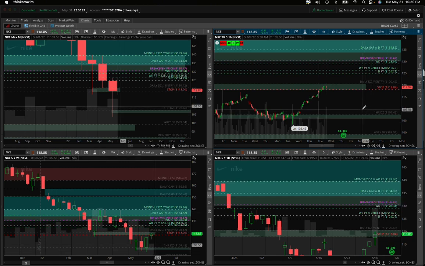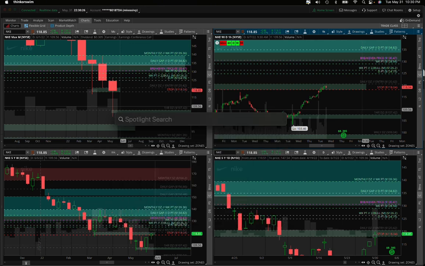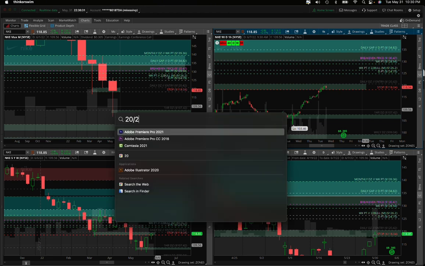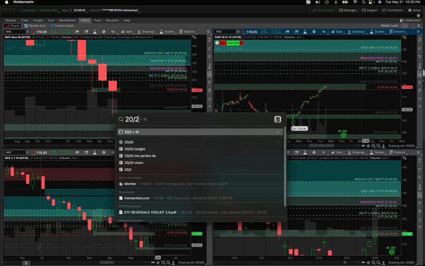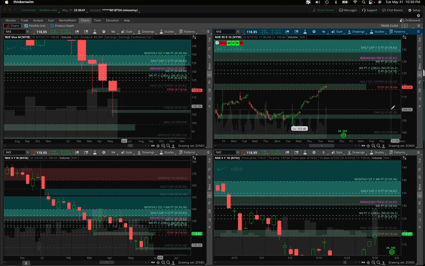Right there, you're risking $2 to make $20, which is basically a 10 to 1 risk to reward. So it's pretty solid. That's the ratio.